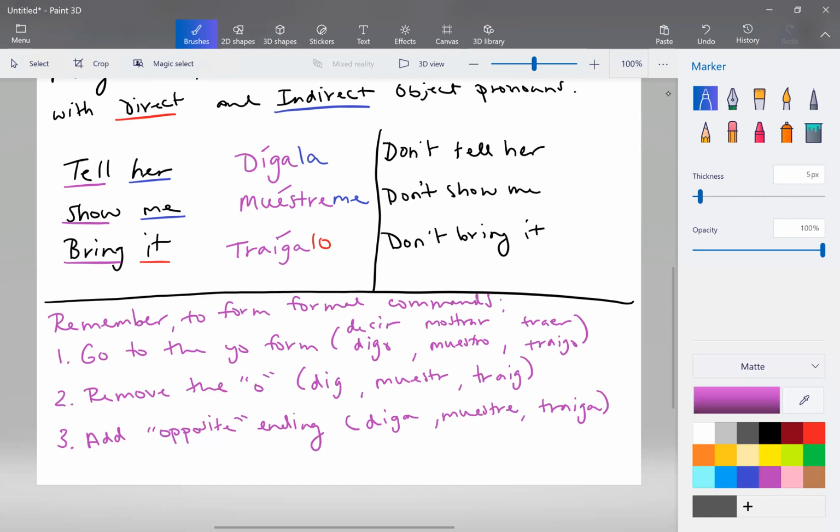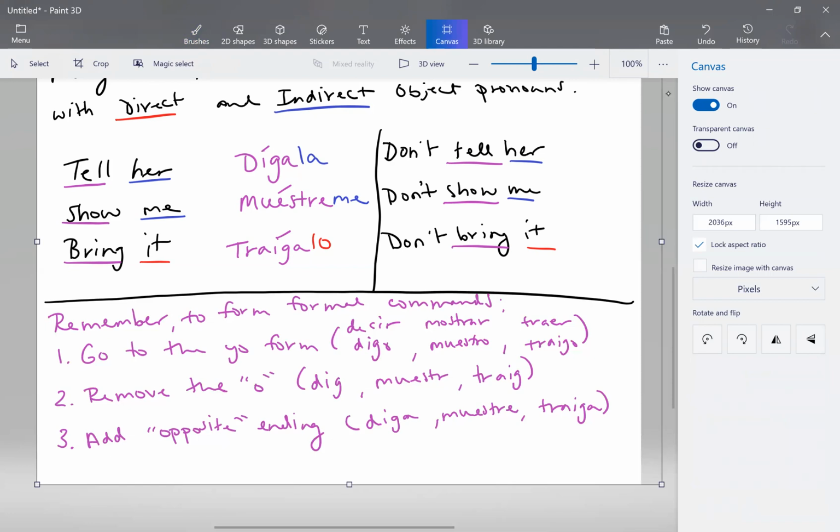So we still have the exact same commands and the same object pronouns, but now we also have don't, which makes it a negative command. You're telling someone not to do something.